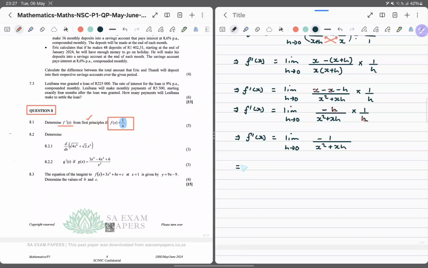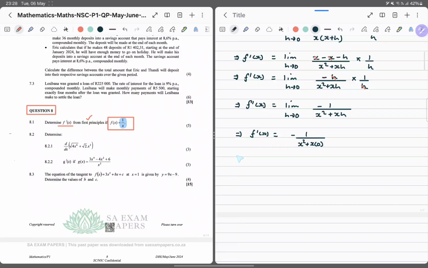So we'll just simply say this implies that our first derivative of f is going to be, now we drop the limit, minus 1 divided by x squared plus x into 0, to make it a bit nice. Now we can make our final conclusion that therefore our f prime x is equal to minus 1 over x squared. Nice and easy.